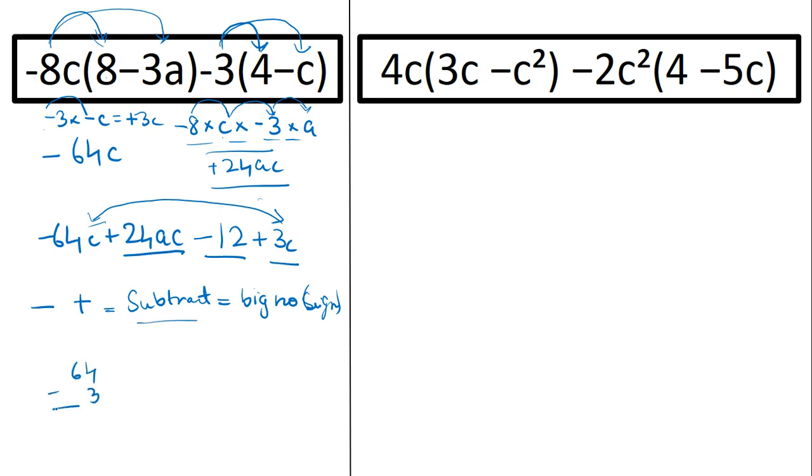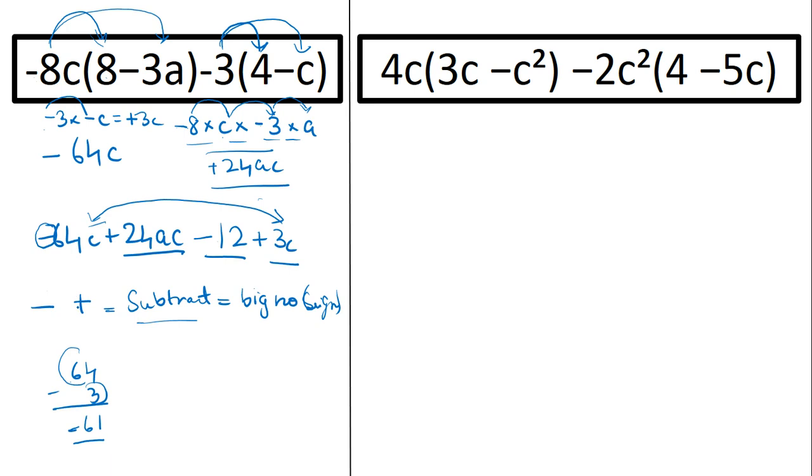So 64 minus 3, 4 minus 3 is 1, and 6 comes down as it is, 61. Now which one is the bigger number? 64 is big or 3 is big? So 64 is bigger, and 64 has a negative sign, which means my answer, that is 61, should also have a negative sign. That's the basic general rule for addition and subtraction.